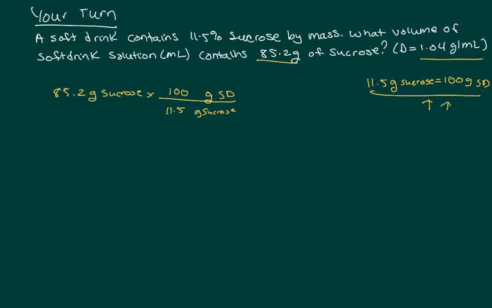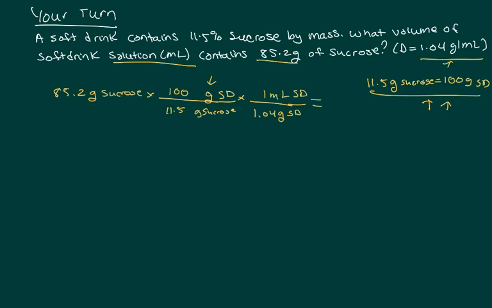Okay, but this is asking me what is my volume of solution, and this is my mass in grams. So I have to take it one more step by using my second conversion factor that says for every 1.04 grams of solution or soft drink, I have 1 milliliter of soft drink.